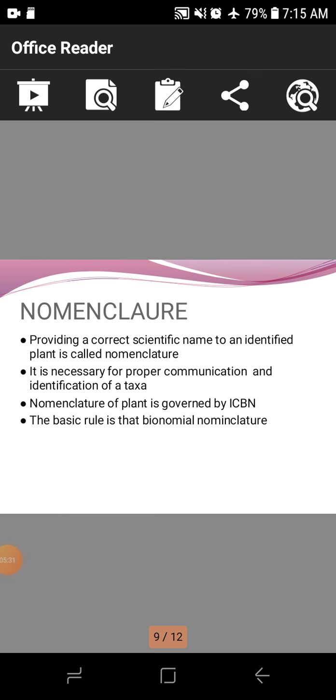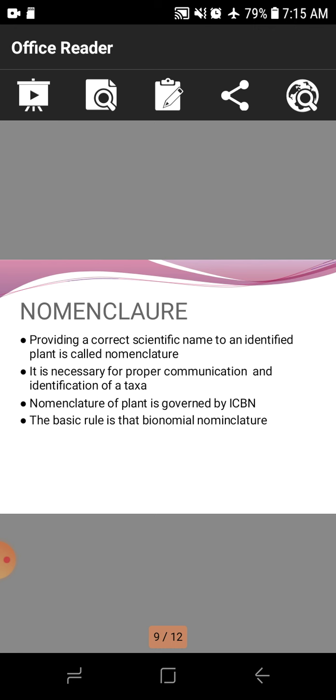Nomenclature: providing a correct scientific name to identify a plant is called nomenclature. It is necessary for proper communication and identification of taxa.